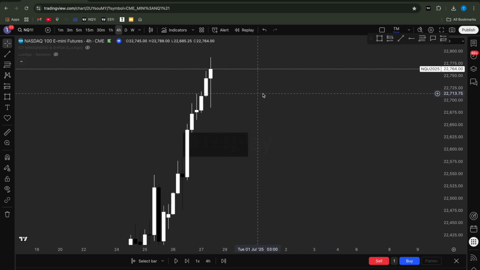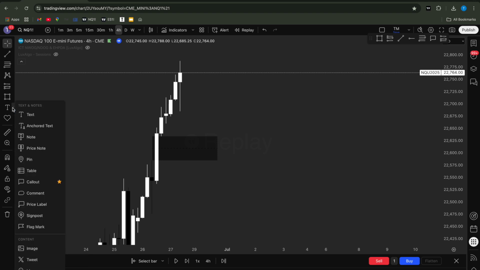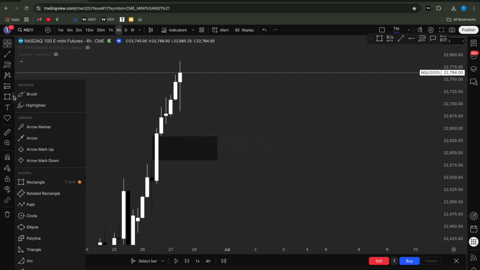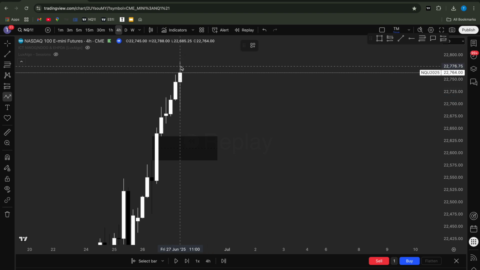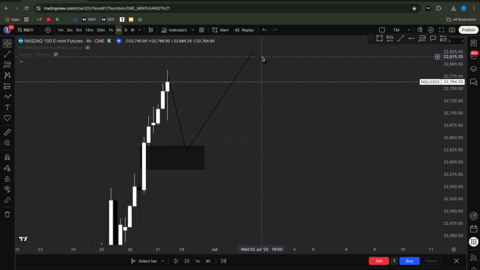So that's our bullish fair value gap, and we want to see price do sort of a tap into it and then continue up. You can tell I'm not really good with the path tool.